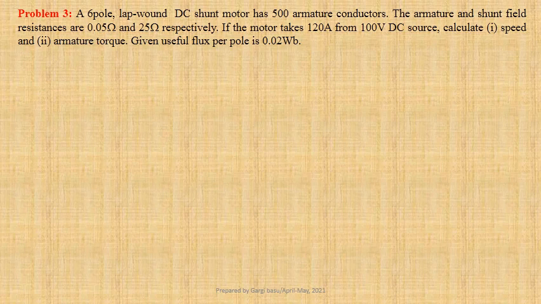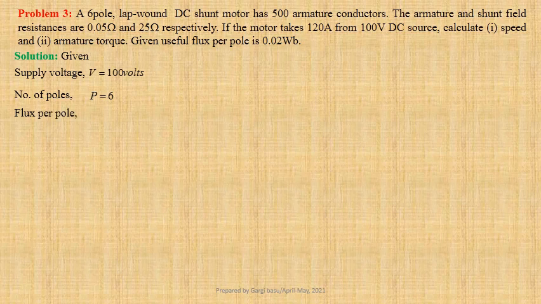Let us first write down the given data. Supply voltage V equals 100 volts. Number of poles of the motor P equals 6. Useful flux per pole phi equals 0.02 Weber.